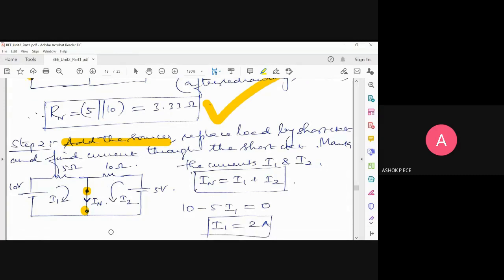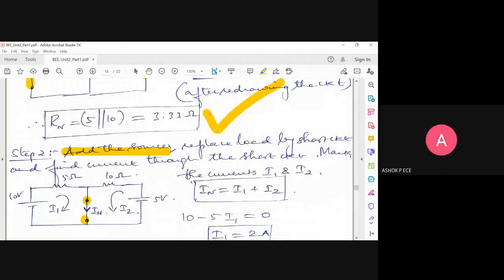So write the KVL equation for loop 1. Mithun, you are there? Yes, sir. KVL equation for loop 1? One second, sir.